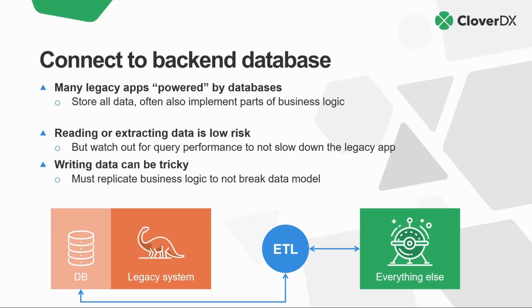So it's important to keep both of those things in mind, not just the data that's stored there, but also any business logic, any rules, things like that that might be stored in the background. Now, reading and extracting data is fairly low risk, but you'll still want to watch out for performance, query performance in particular.